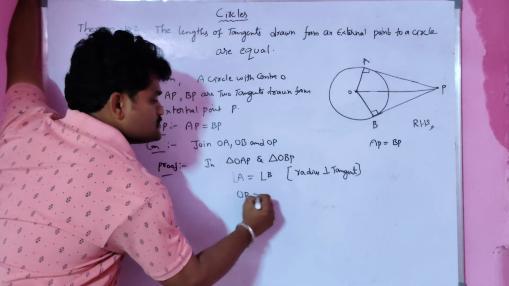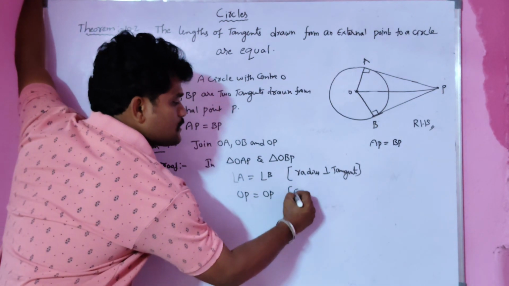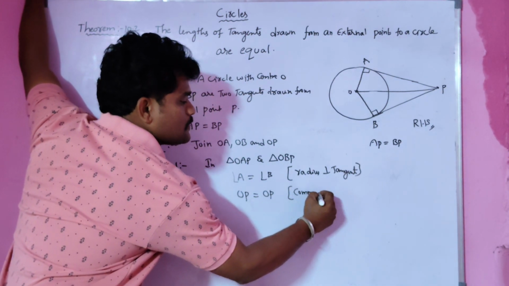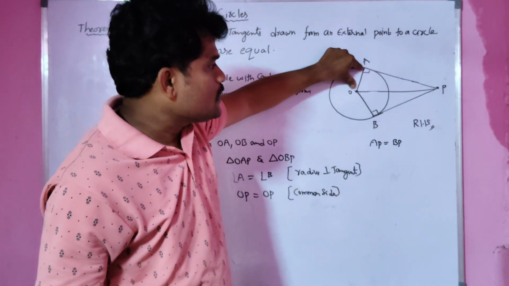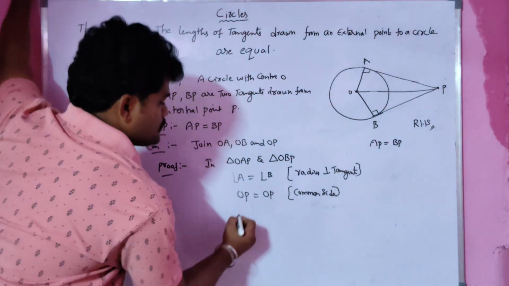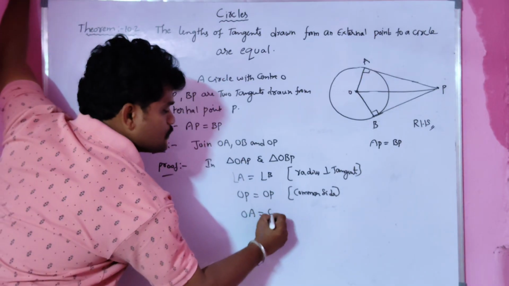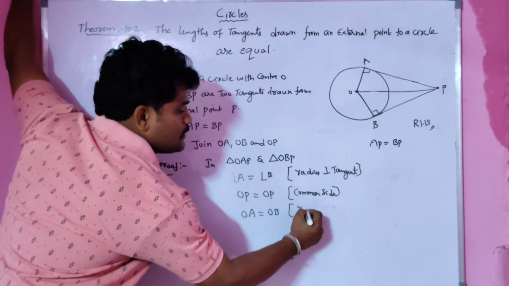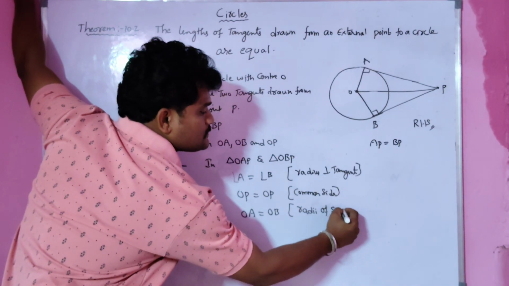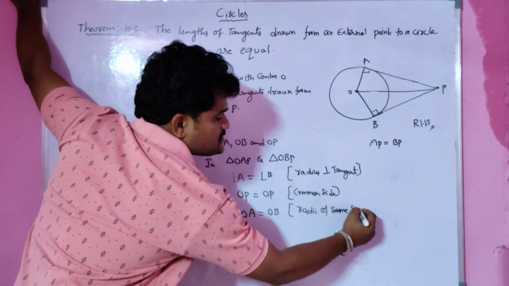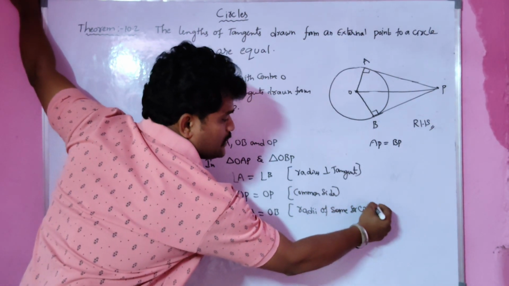That is a common side. And next, we can write OA is equal to OB, because they are radii of the same circle. Radii of the same circle are always equal.